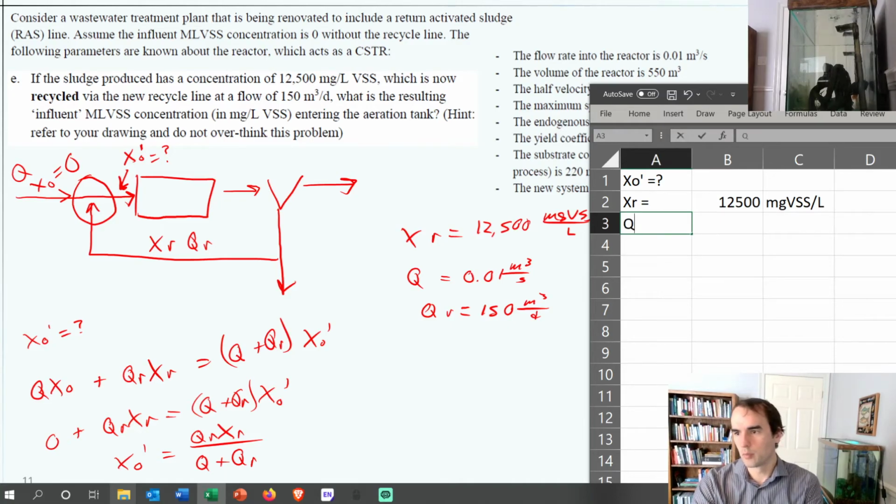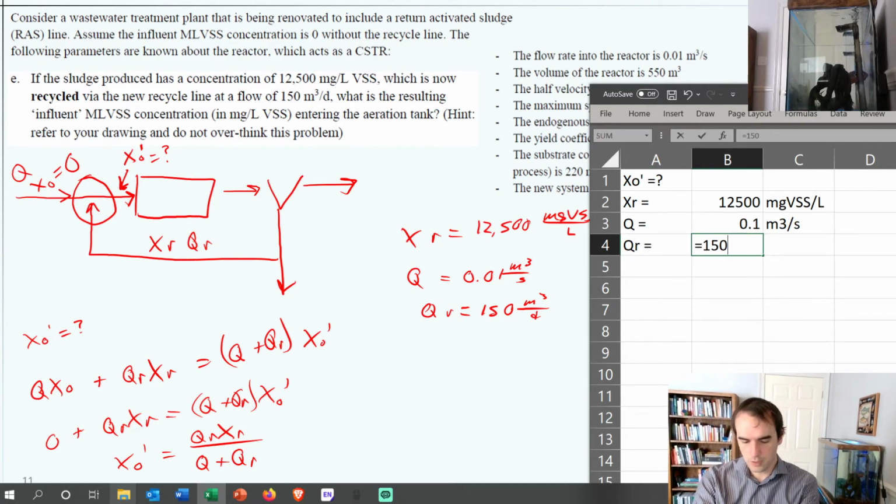So we'll put in our parameters. We're going to take that 150 cubic meters per day and divide it by the number of seconds in one day, which happens to be 86,400. That will get us into cubic meters per second.